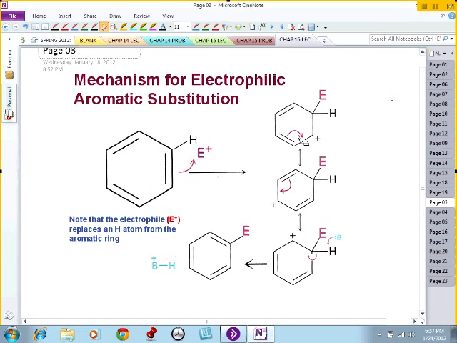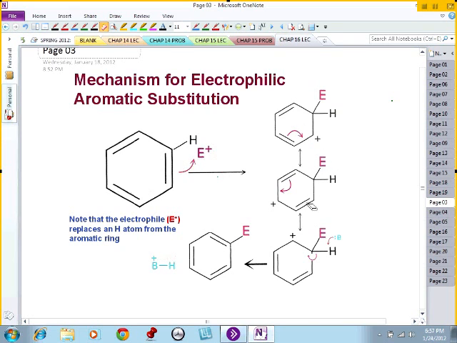Remember what we told you earlier, that benzene wants to maintain its aromaticity. In other words, it wants to remain aromatic, so it does not want to undergo addition reaction. So far, the electrophile is added to the benzene ring to form this intermediate carbocation.